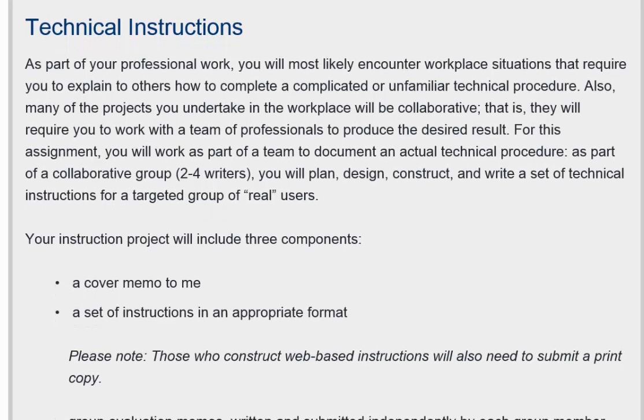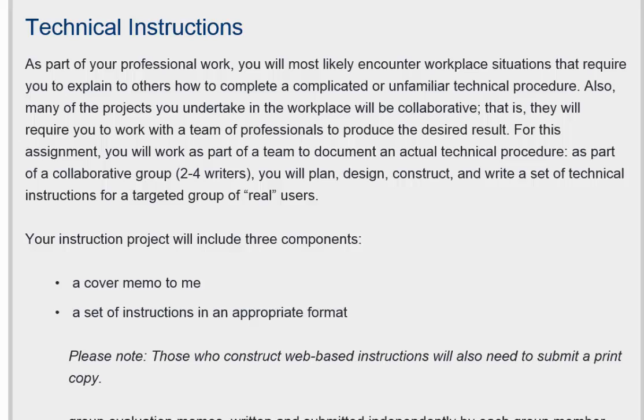The reason why you're being asked to create a set of technical instructions is because preparing instructions in which you inform other people about some process or task that you know how to complete is a common requirement in many different professions.